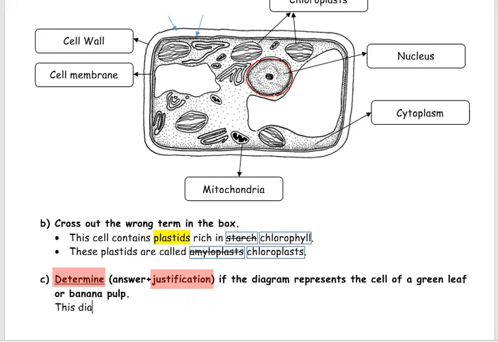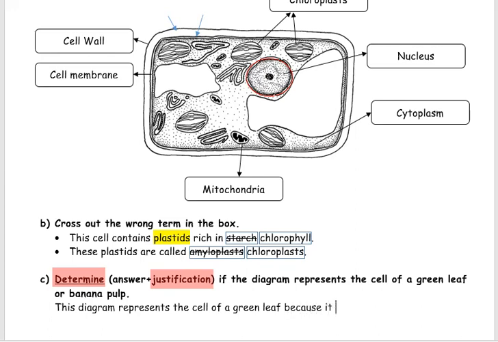So this diagram represents the cell of a green leaf. Can we stop right here? No, we cannot. We have to tell why.